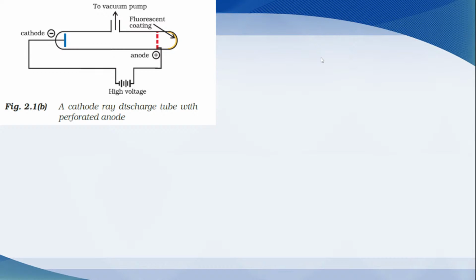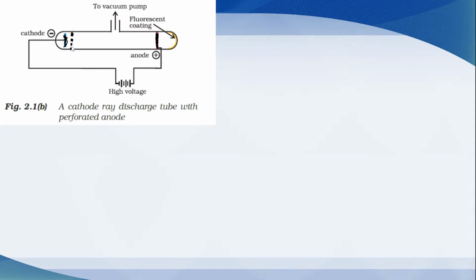The cathode ray discharge tube with perforated cathode is used for the discovery of the proton.